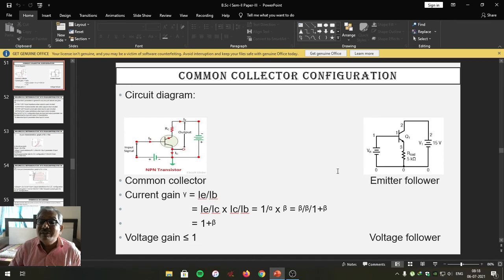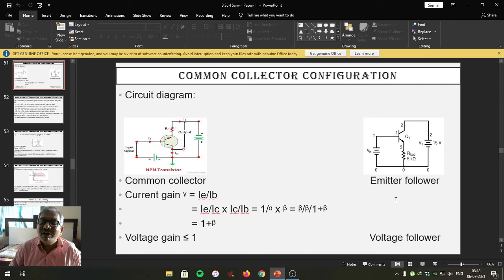Ideally, as the voltage gain is 1, because output voltage is the same as input voltage, it is also called a unit gain amplifier. It is called a unit gain amplifier because voltage gain of common collector configuration, or emitter follower configuration, is unity or 1.